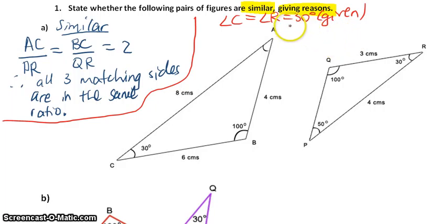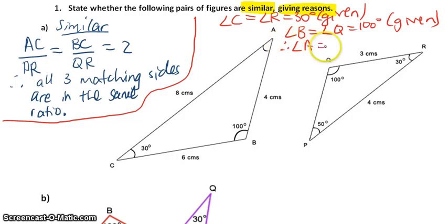I can also say that angle B equals angle Q, which is 100 degrees, and that's also given. And therefore, angle A must be equal to angle P, which equals 50 degrees. I can write the angle sum of a triangle equals 180, but I can't fit that in. But then I basically say, since all matching angles are equal, the triangles are similar.